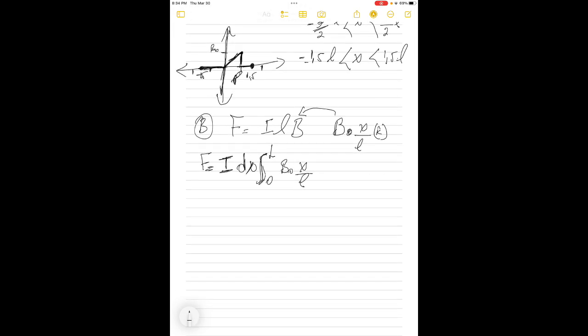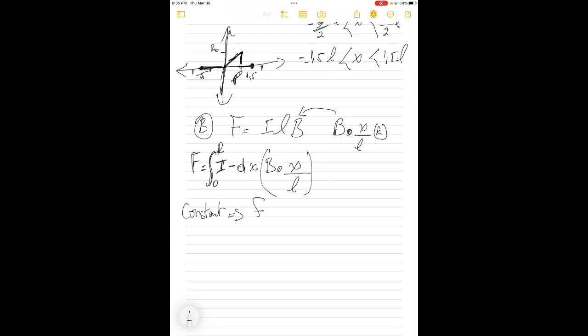And then we're going to do, actually this thing here, it's negative. Let me rewrite this. So the force F is going to be I in the negative x direction multiplied by the integral with limits L and 0 of the magnetic field B0 x divided by L. Okay, and then we're going to take out the constants.